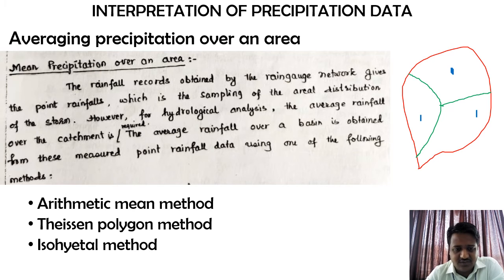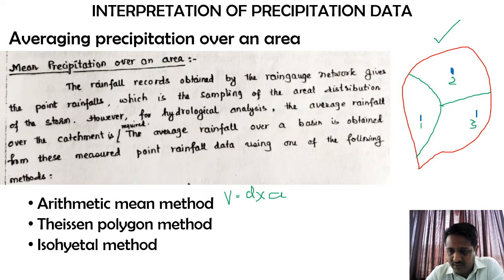For that I will just try to show you a calculation with respect to this. Imagine this is rain gauge station 1, this is 2, and this is 3. Whenever I want to get the total volume of rainfall that has occurred over this entire catchment area, my formula is basically depth of rainfall into the effective area.